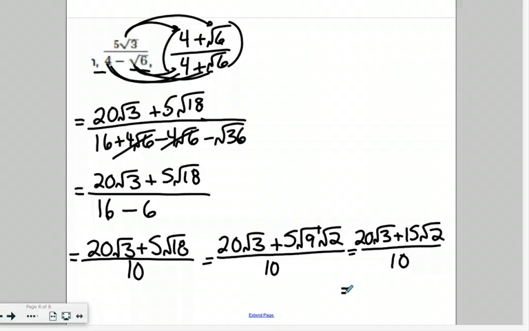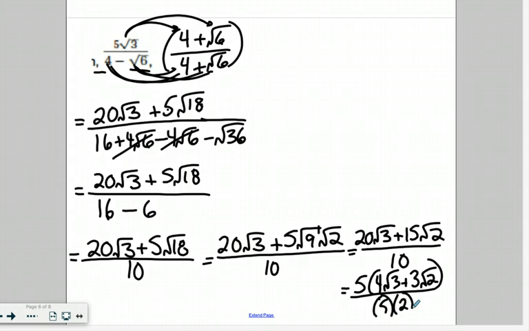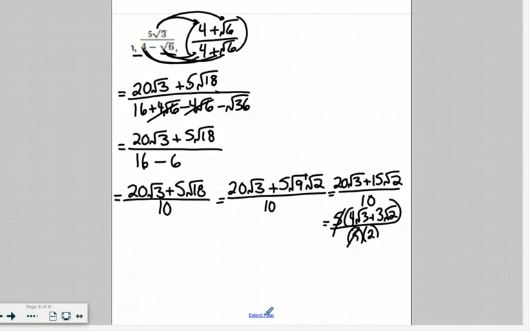So I can factor out a 5 from this numerator and it becomes 5 times 4 root 3 plus 3 root 2 all over 5 times 2. The 5's cancel, and my final answer is 4 root 3 plus 3 root 2 all over 2.